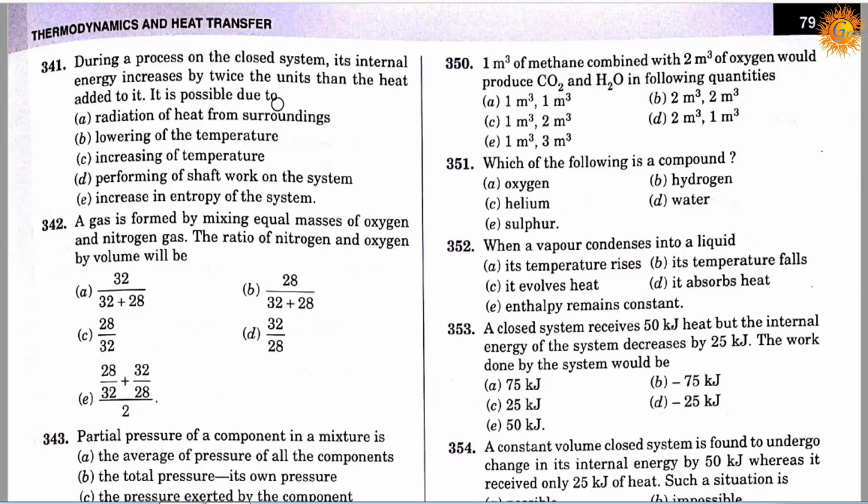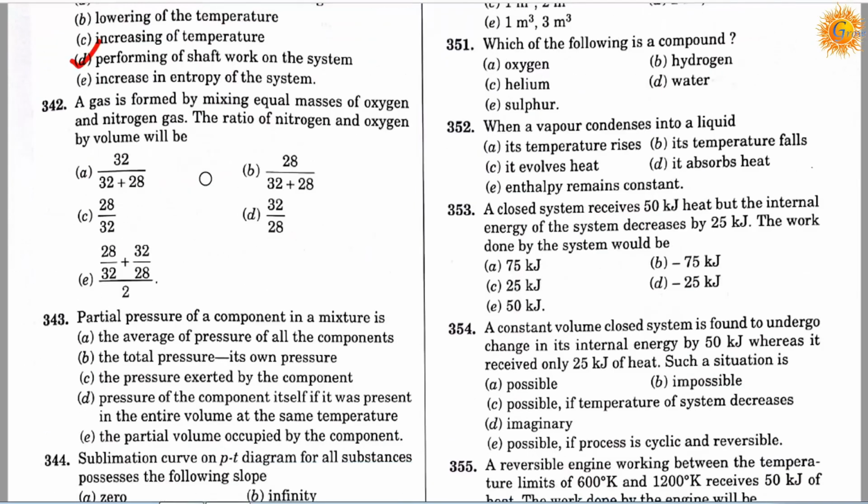It is possible due to option A, radiation of heat from surroundings, option B, lowering the temperature, option C, increasing the temperature, option D, performing of shaft work on the system, and option E, increase in entropy of the system. So the correct answer is D, performing of shaft work on the system.